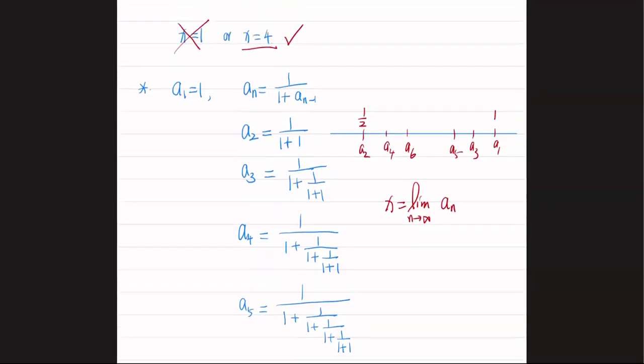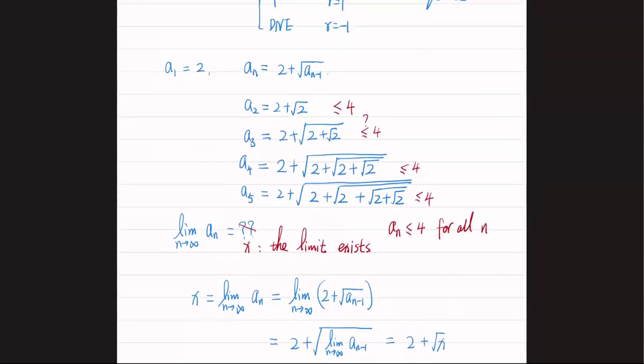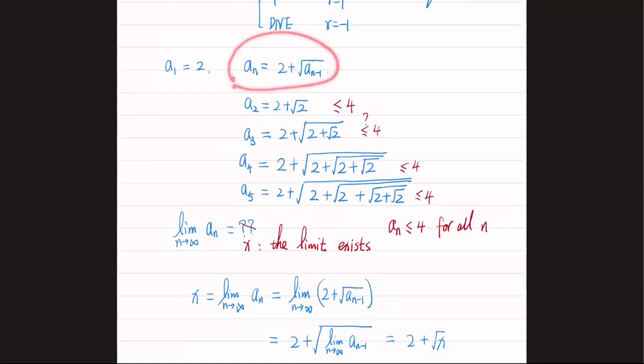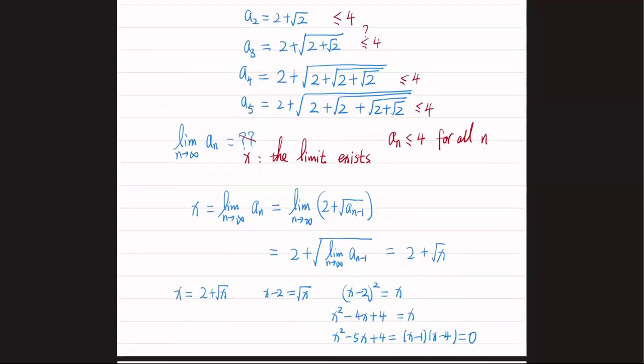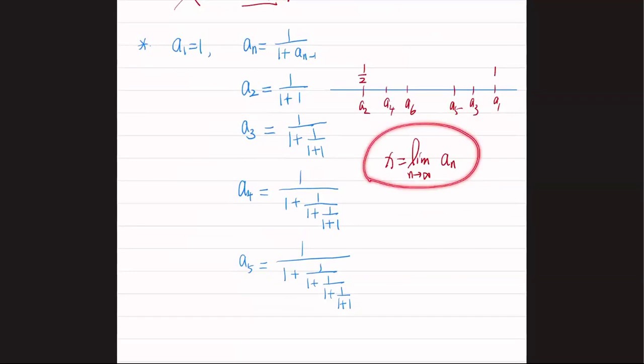If we go to the previous one, how did we find this limit? We use the definition to get an equation about x. Now what would we do? Get an equation. Okay, very nice. We will use this formula to get an equation.